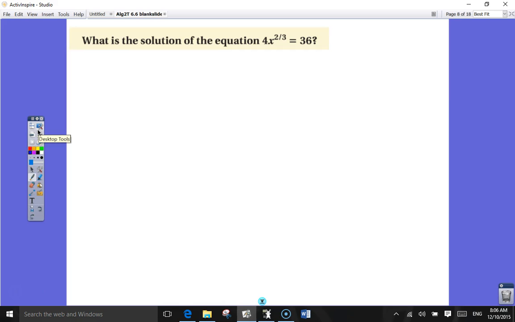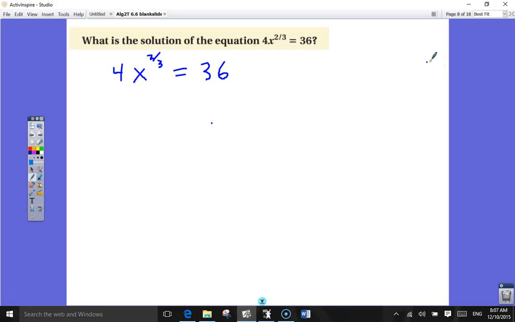Okay, now we're going to do a problem which doesn't seem like a radical, but it is because it's a rational exponent. The first step is still isolate the radical. What do I have to do to isolate that radical? What is it there that represents the radical?